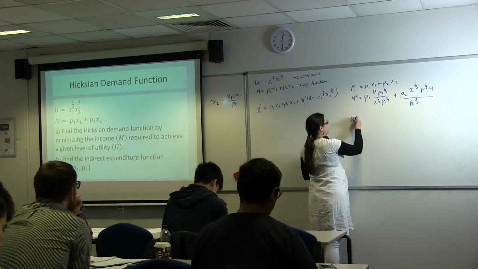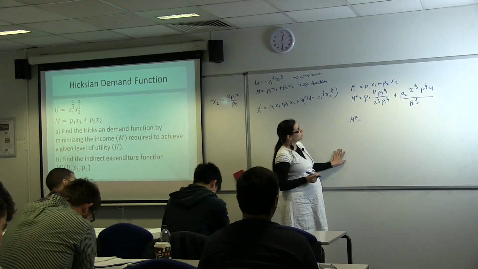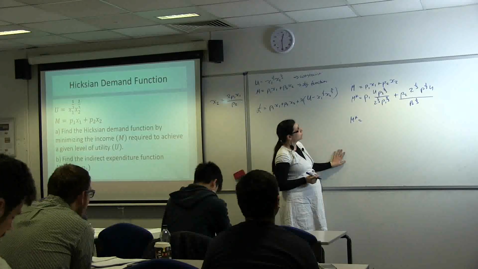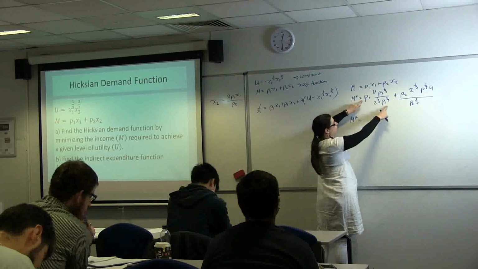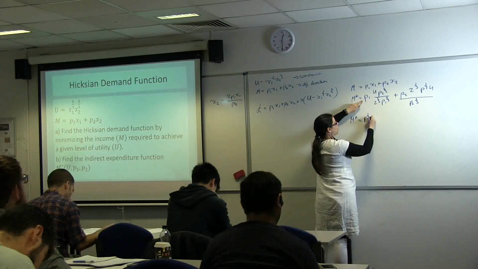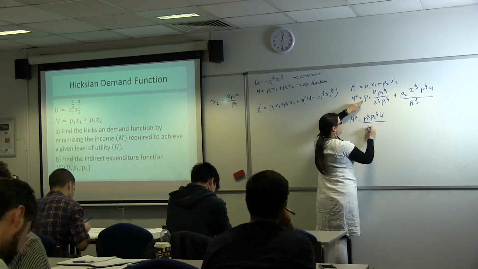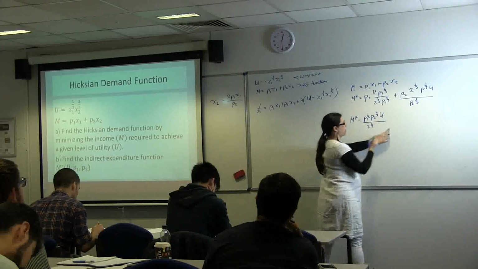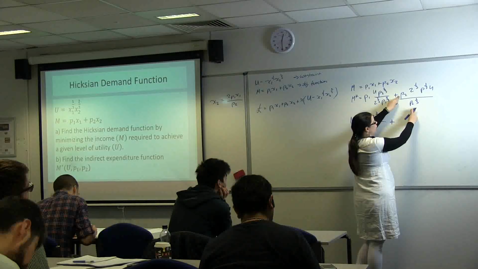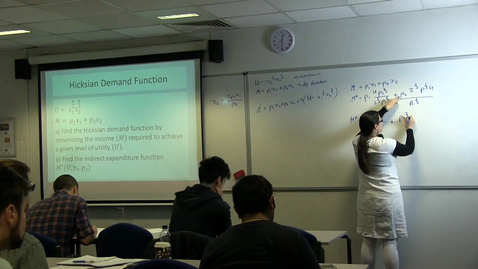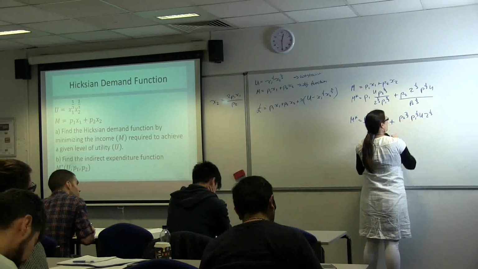So what can I do here? I've got P1 up and P1 down, so that's going to give me P1 to the 1/3, P2 to the 2/3 U over 2 to the 2/3, plus I've got P2 up and P2 to the 1/3 down, so that gives me P2 to the 2/3, P1 to the 1/3 U and 2 to the 1/3.